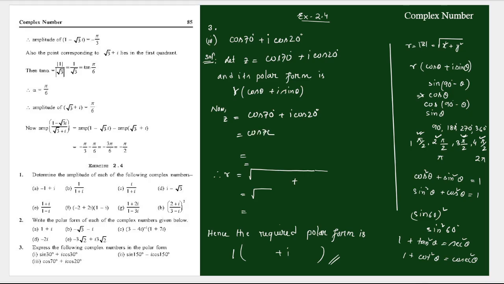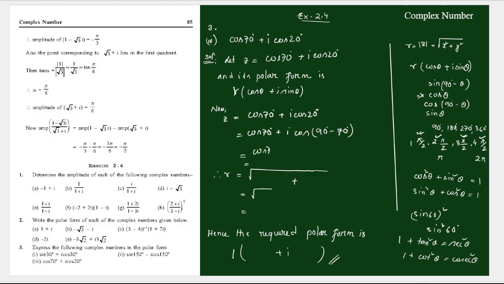So cos 70 plus i sine. Wait, not sine, it will be cos. Cos 90 minus 70 is 20. 90 minus, all in the first quadrant, so all the trigonometric ratios are positive here.